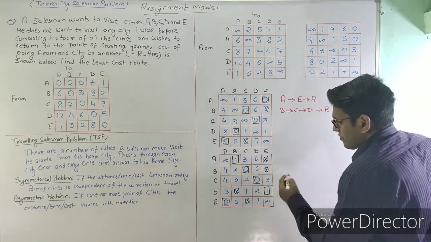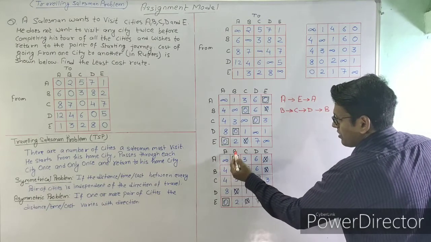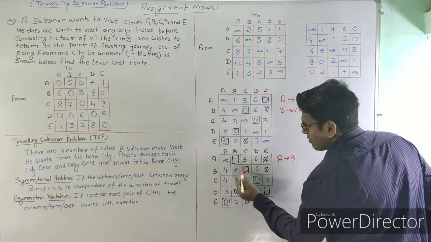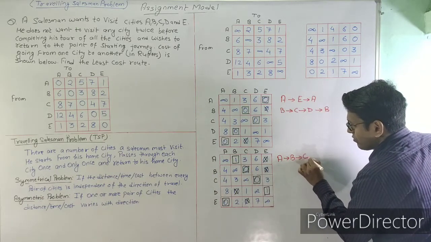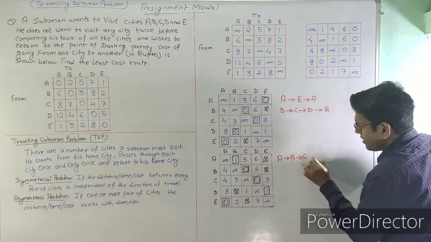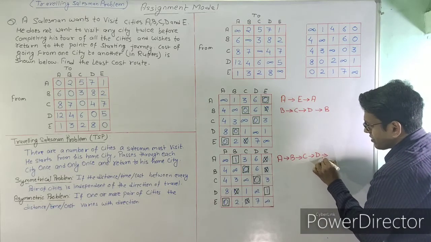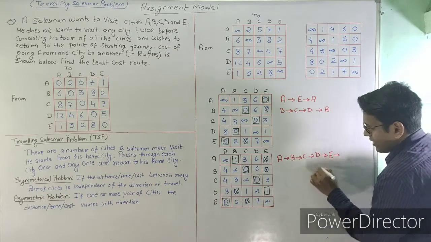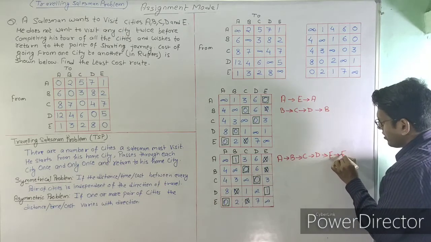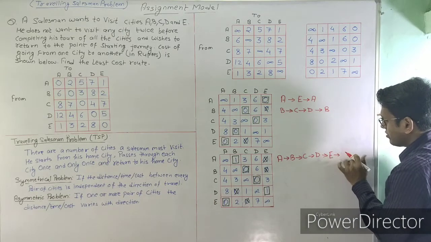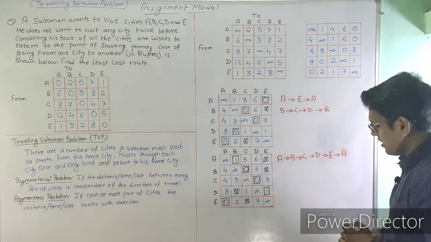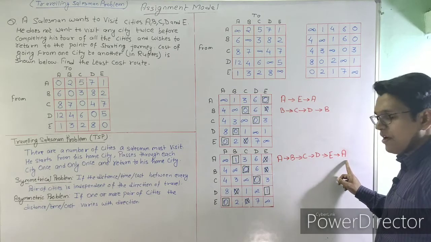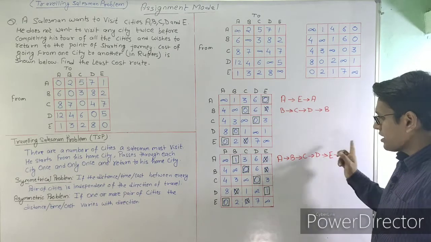Let us see: A moves to B, B to C, C to D, D to E, and E to A. So as we can see here, a salesman is visiting all the cities only once and returning back to the starting position.